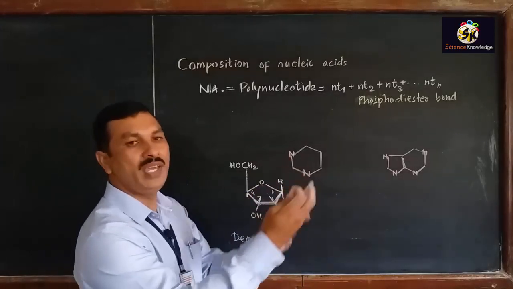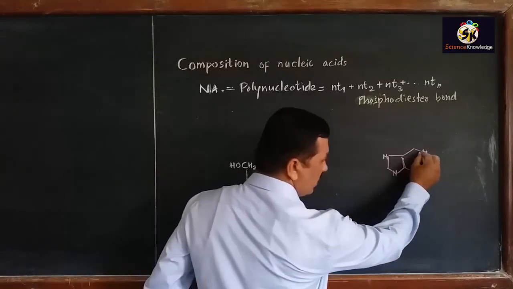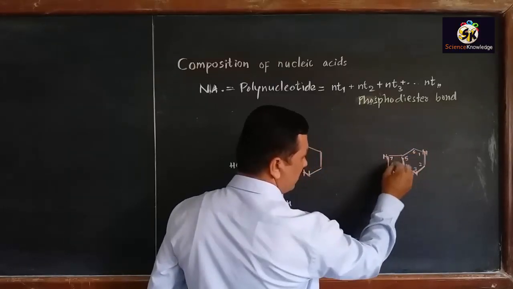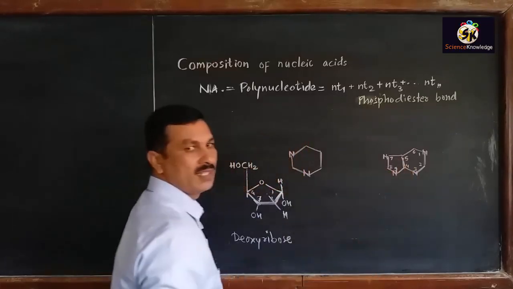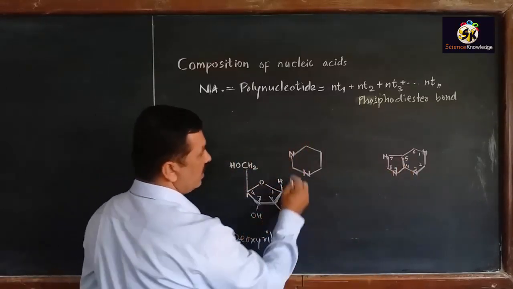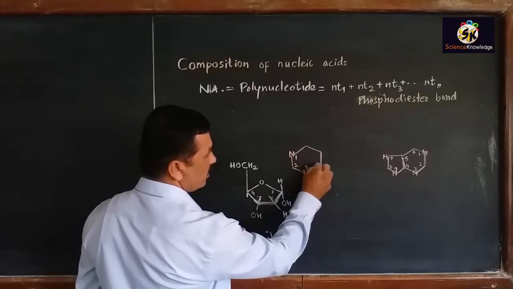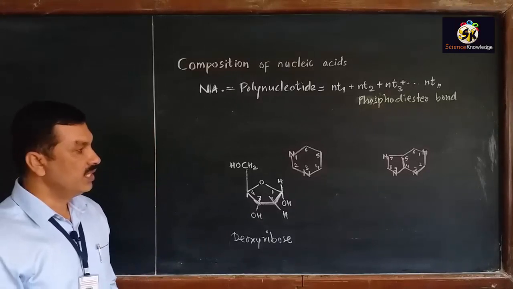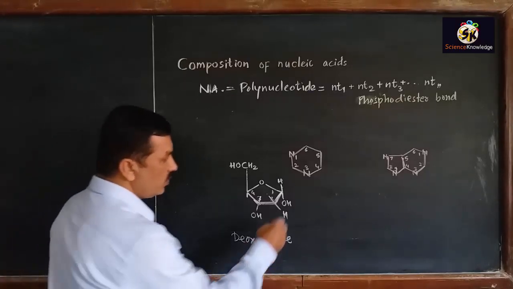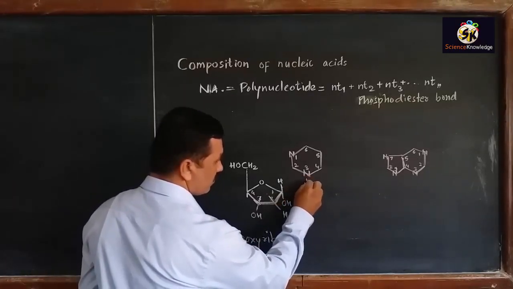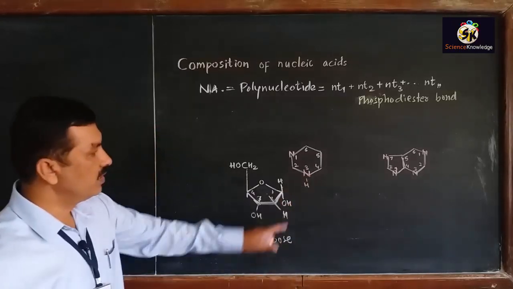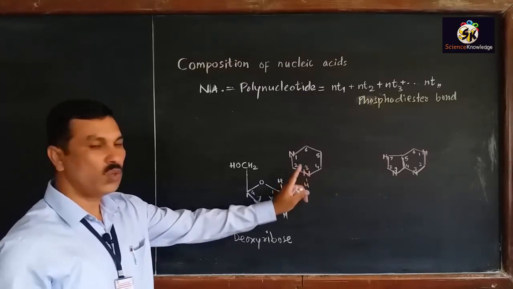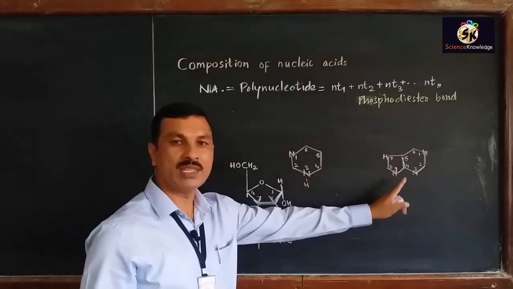Here I have drawn a mirror image. So the numbering will be like this: 1, 2, 3, 4, 5, 6, 7, 8 and 9. This is the mirror image. Here it will be 1, 2, 3, 4, 5 and 6. Now the interaction involves the nitrogen which is present at position number 3 or at position number 9.